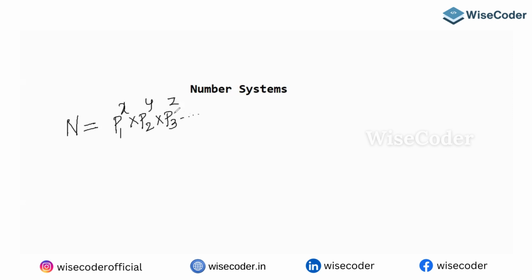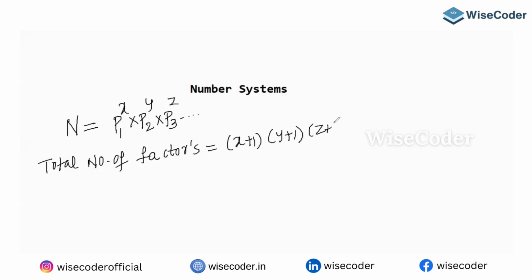Let me restrict it here. If I have written my number like this, then the total number of factors is going to be x plus 1, y plus 1 and z plus 1. So this is going to be the total number of factors.